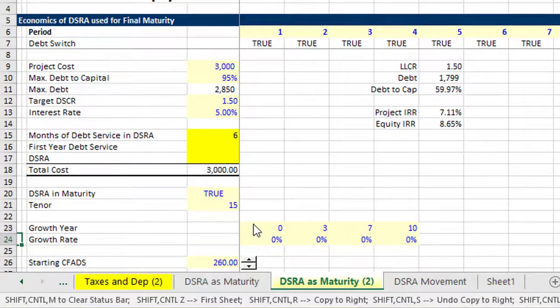I'll show you maybe why not. The amount of money in that debt service reserve account is like a checking account. And that checking account, when the debt is paid back to you.